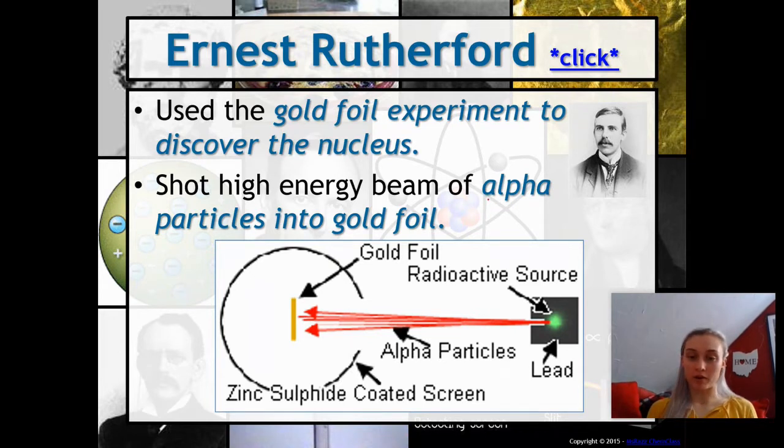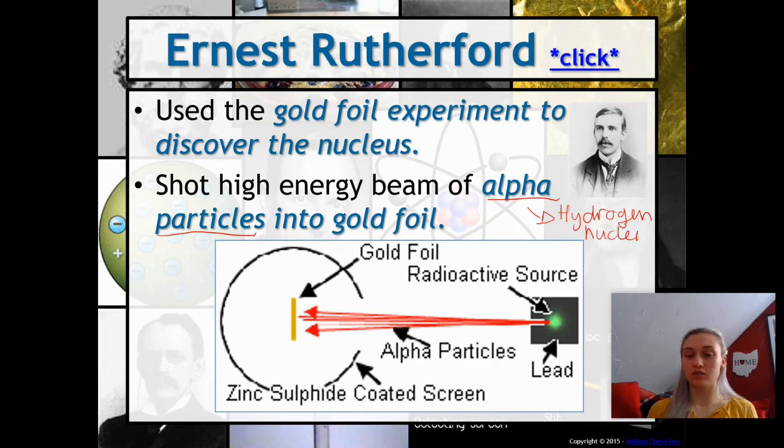What alpha particles are, you're not going to need to know this, but just a fun fact: alpha particles are just hydrogen nuclei.